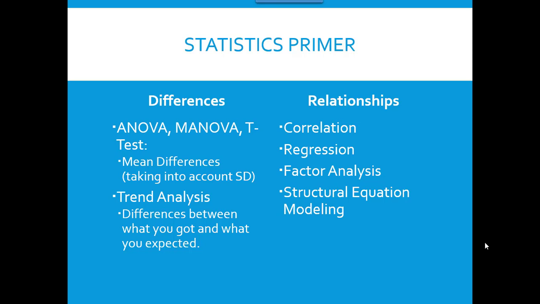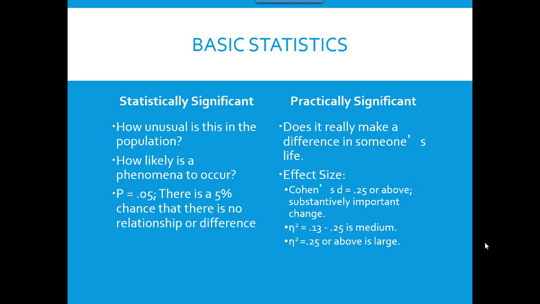ANOVA, MANOVA, t-test, and trend analysis, that is measuring the difference between something and something else. And then each of those in their own way will provide a statistically significant value, which is, is that relationship rare, or is that difference rare? And they will also provide a practical significance.